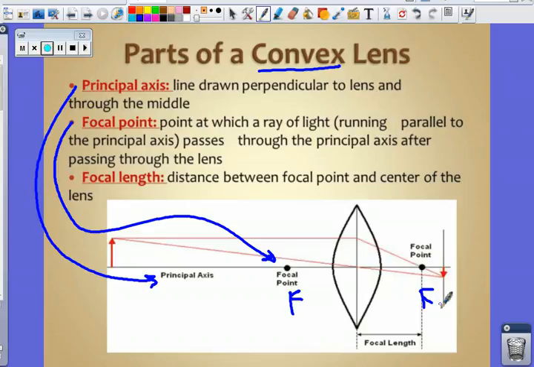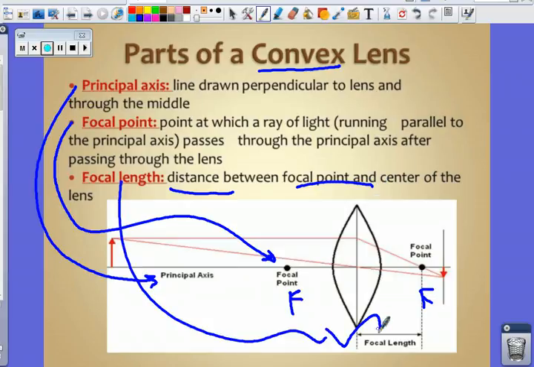Then you have a focal length, which is the distance between the focal point and the center of the lens. So you have the principal axis straight through the center, the focal point, the point at which the rays of light come together, and the focal length, the distance from the center of the lens to the focal points.